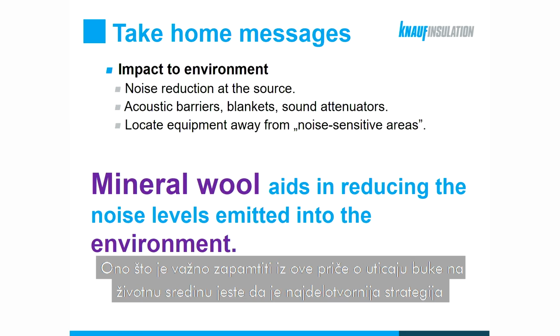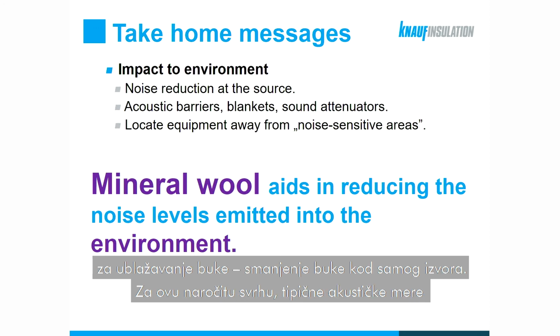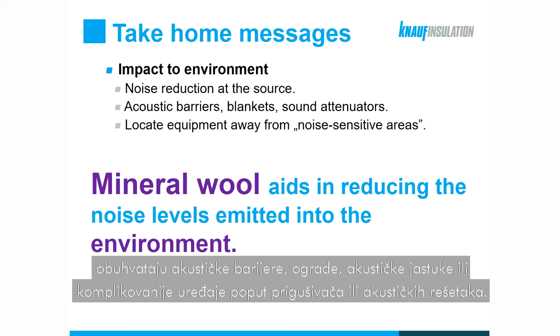So what's important to capture from this story about the noise impact to the environment is that the most effective strategy of mitigating the noise is to reduce it at the source itself. And for these purposes, typical acoustic measures include acoustic barriers, acoustic enclosures, blankets, or some more complicated devices like sound attenuators or acoustic louvers.